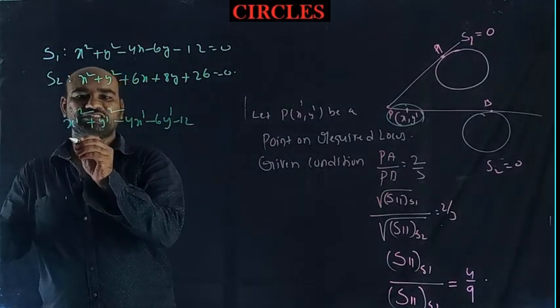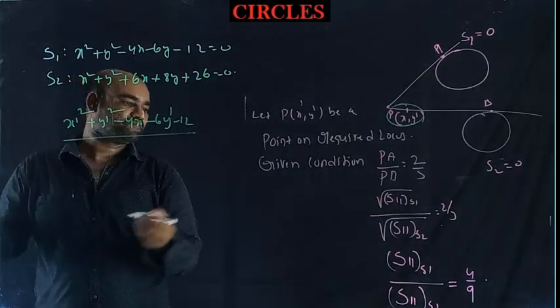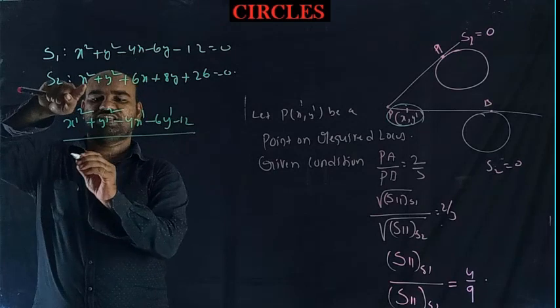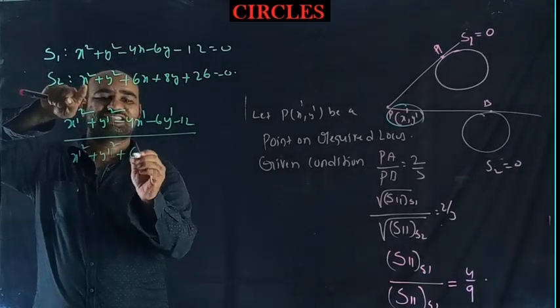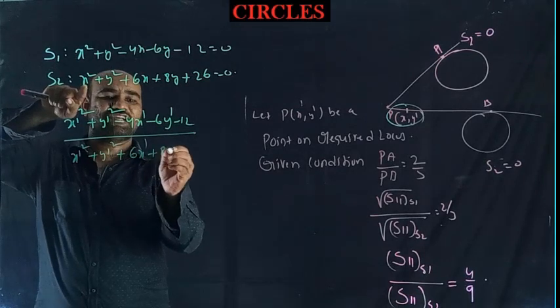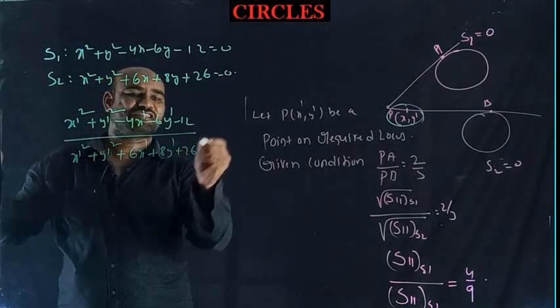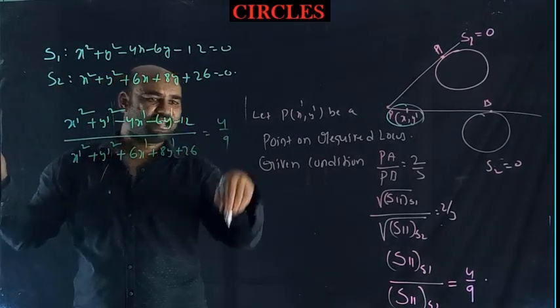Power of the point for the second circle: x dash square plus y dash square plus 6x dash plus 8y dash plus 26 equal to 4 by 9.